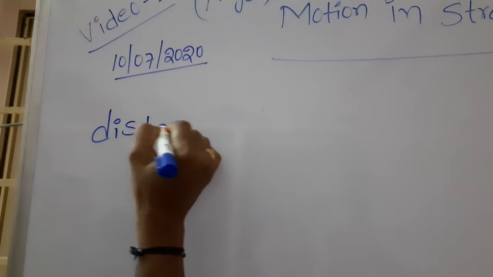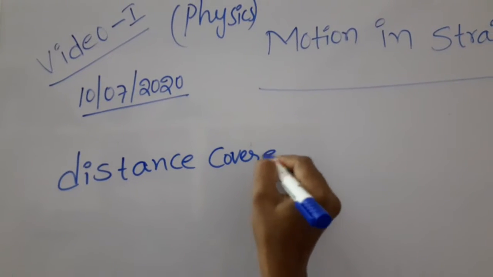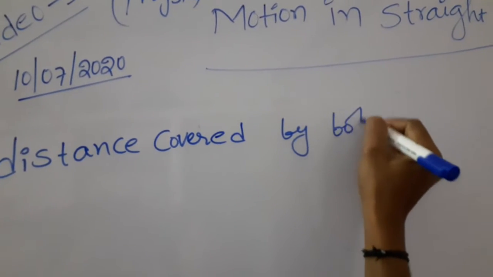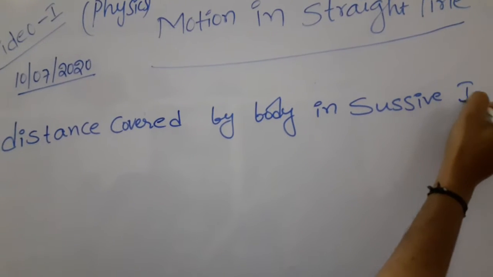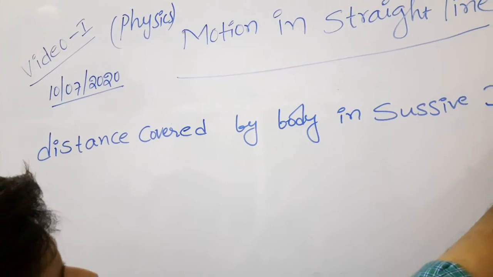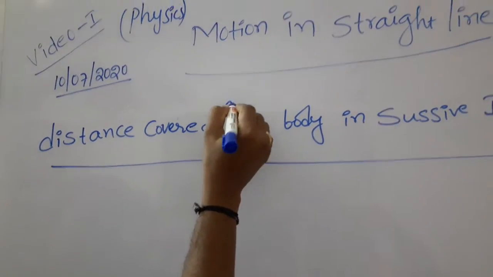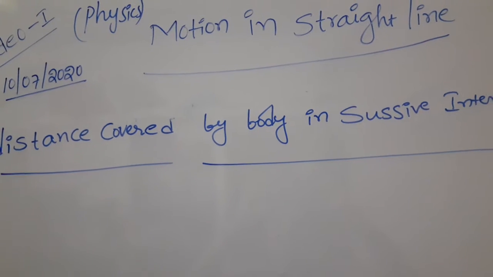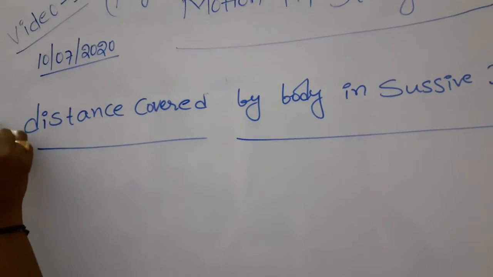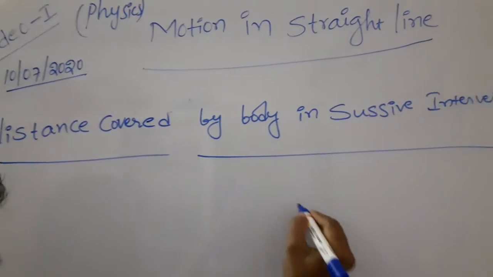Ratio of distance covered by a body in successive intervals.